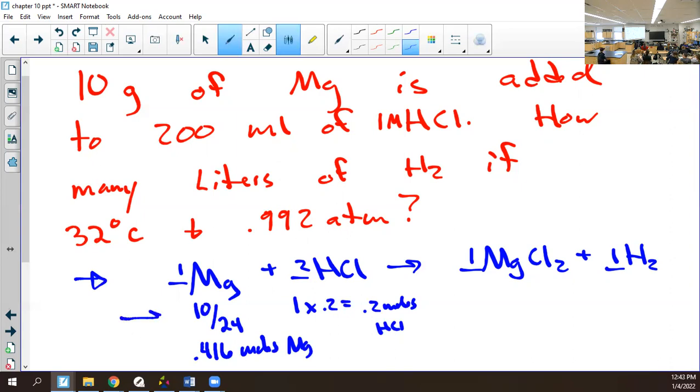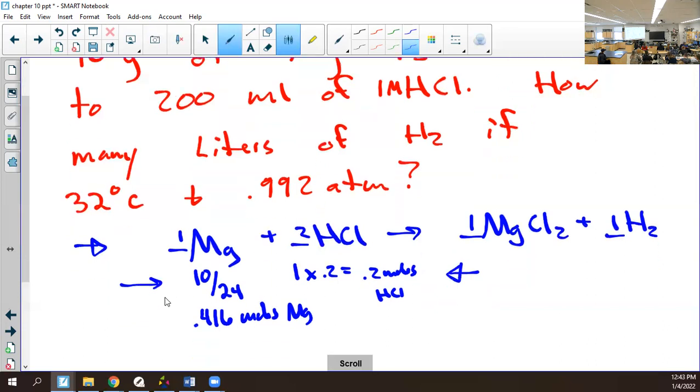The next step was to convert to moles. Okay, so now I have moles. I have 0.416 moles of Mg, 0.2 moles of HCl.